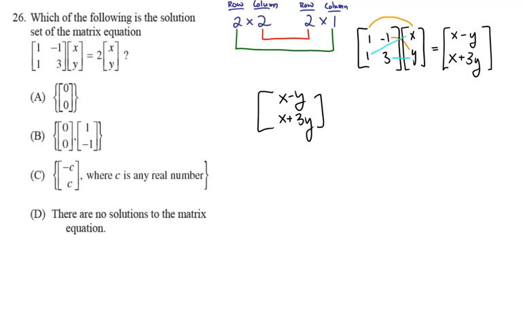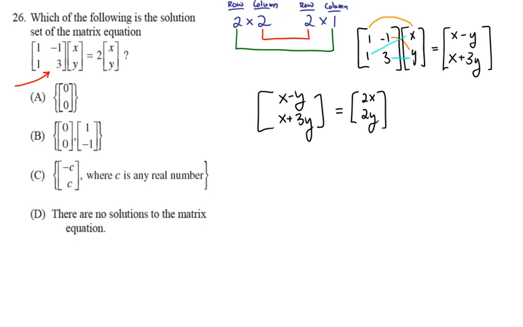So we have the result of the multiplication on the left side of the equal sign, and we want to set that equal to the scalar multiplication of the matrix on the right. Now the scalar multiplication is just a number times a matrix, and the way we do that is we multiply every element of the matrix by that number. So the scalar 2 times the matrix [x; y] becomes the matrix [2x; 2y].